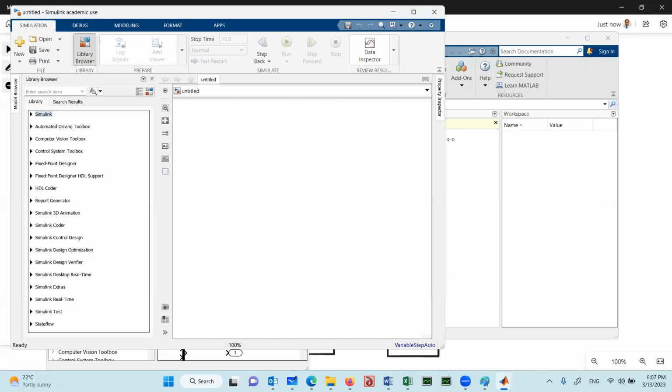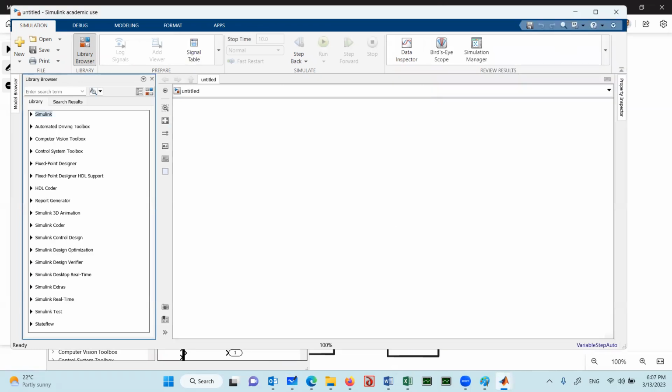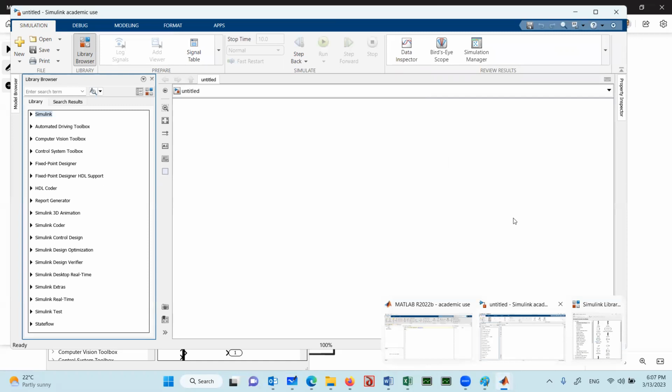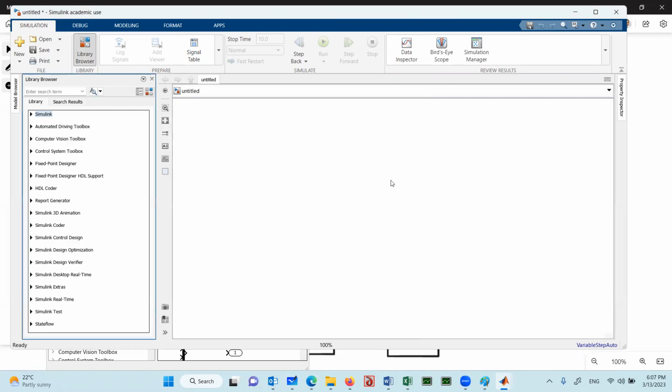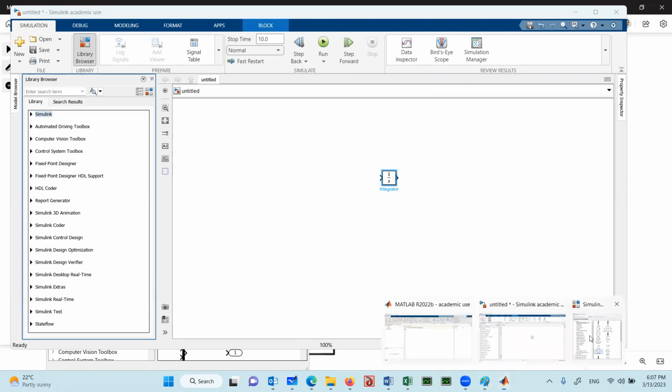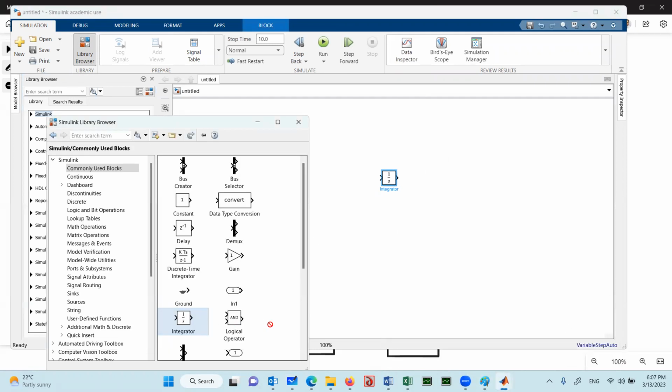And here we want this part, which is the integrator. Here we go. Okay. We go and ask for the other integrator here. Two integrators.